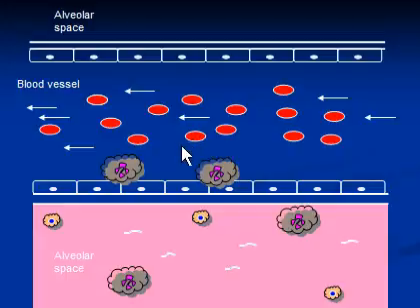As a result of cytokine release, the neutrophils are deployed to the area of infection, and they are heavier than the red blood cells. What they do, they push these endothelial cells apart to make their way to the alveolar space here and start the process of phagocytosis.